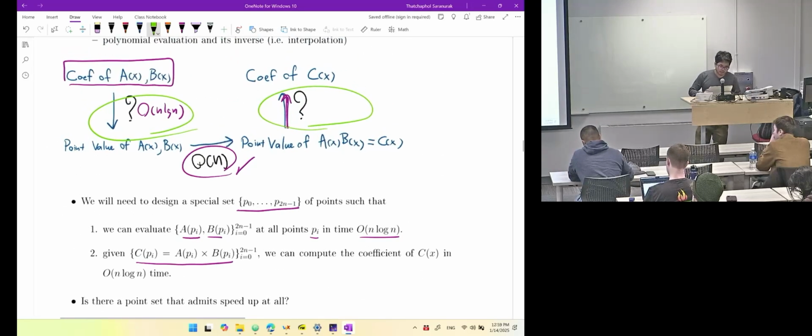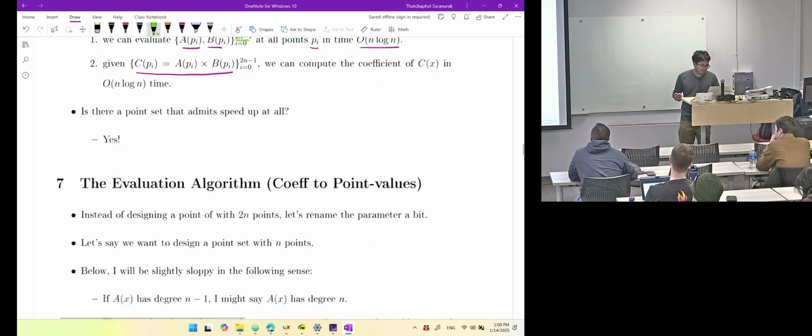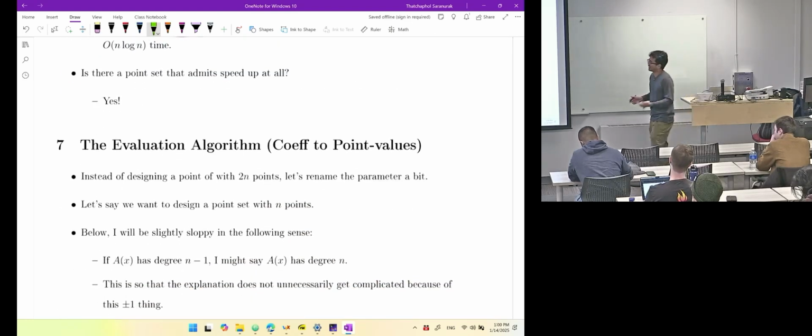By the way, I said that I need to define two n evaluation points. Just to make notation easy, let me rename the parameter a bit, and design n endpoints. Nothing happened, just changing the parameter a bit from now.